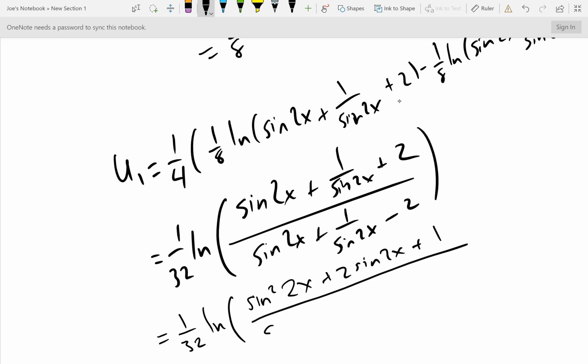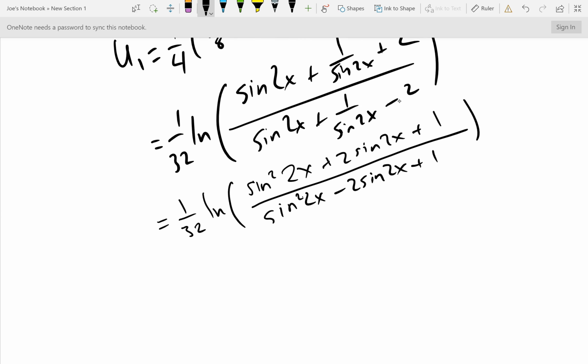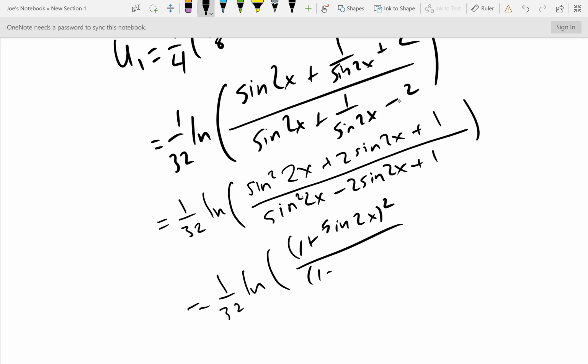And then we would have sine squared of 2x minus 2 sine 2x plus 1. And lo and behold, both of those factor as, looks like, 1 plus sine 2x squared, and we also get a 1 minus sine 2x squared.